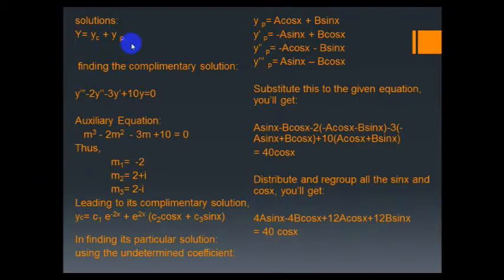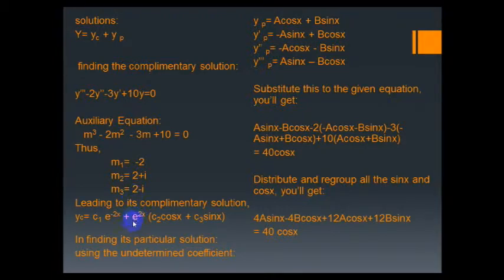The complementary function yc is the general solution of the associated homogeneous DE, that is y''' - 2y'' - 3y' + 10y = 0. Factoring this, we get m1 = -2, which is a real root, while m2 = 2 - i and m3 = 2 + i, which are complex roots.